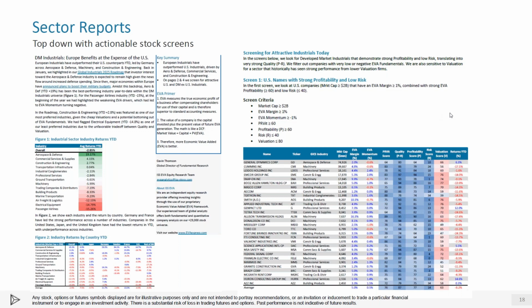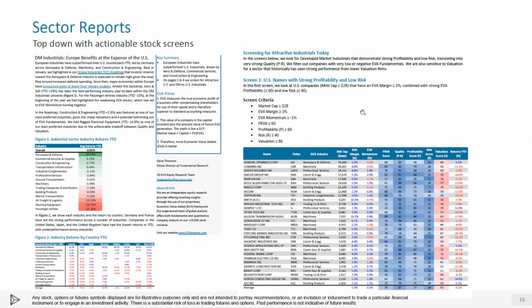So earlier in the year, as capital was coming out of US markets, we were getting a lot of inquiries from clients looking at European opportunities within the industrial space.